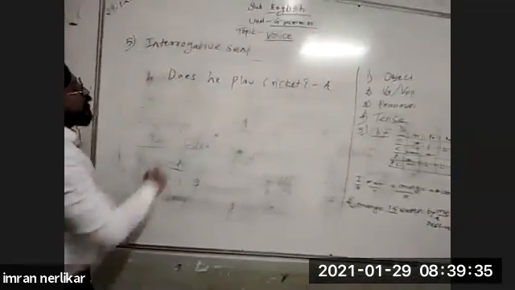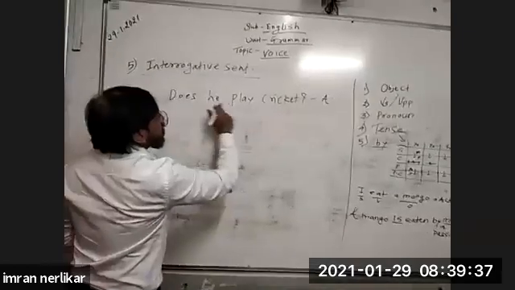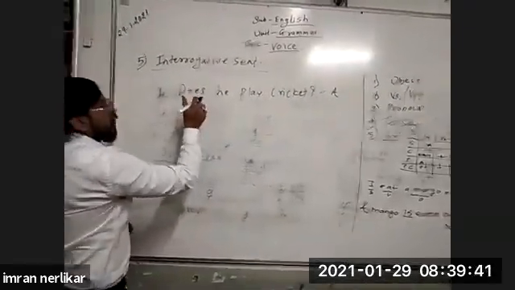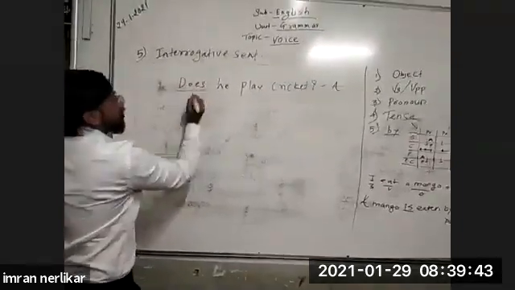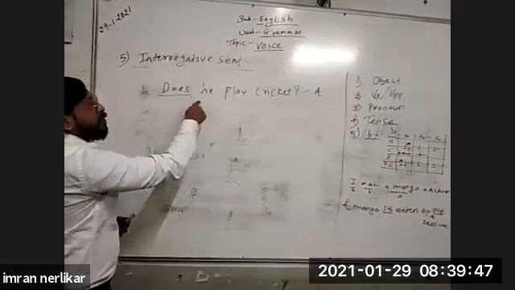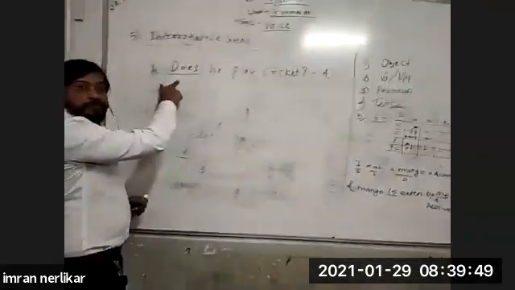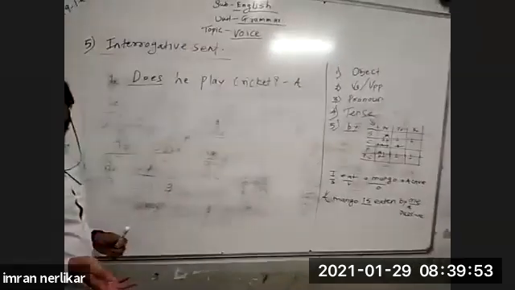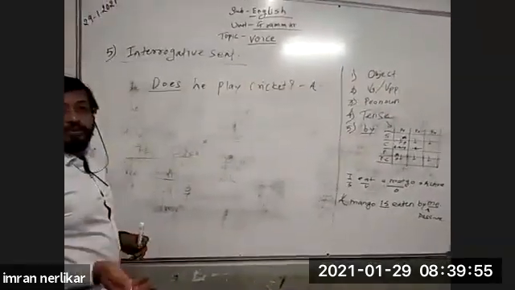First of all, see, if you will see this sentence, does he play cricket? You will see that helping verb is used here, does. Verbal questions generally begin with helping verb. May I come in? Or is this your book? Will you come tomorrow?